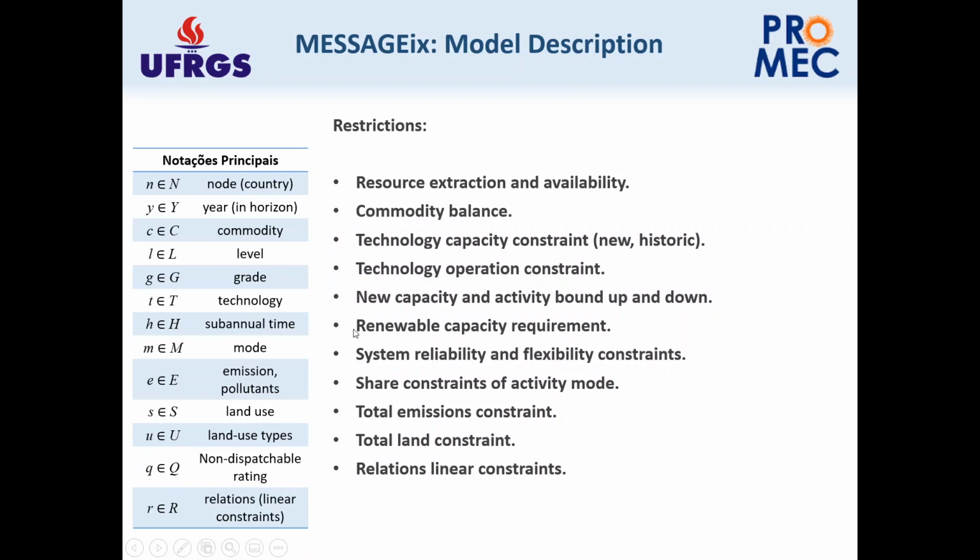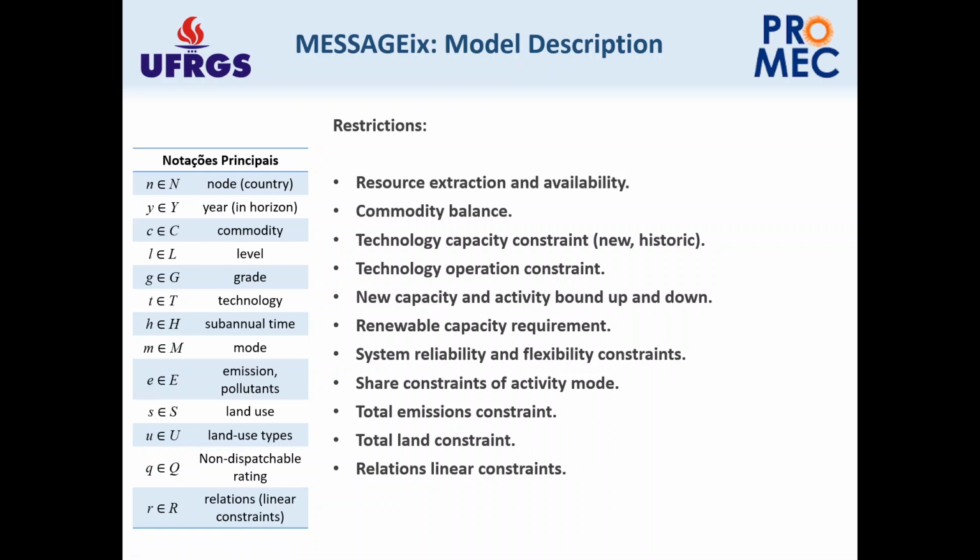Renewable capacity requirements. For example, you have a target that 50% of your electricity generation in your country must be renewable by 2050, because you have an agreement, such as the Paris Agreement. Then you can put this restriction in: I have to generate electricity with renewables at 50%, and you put 50%.